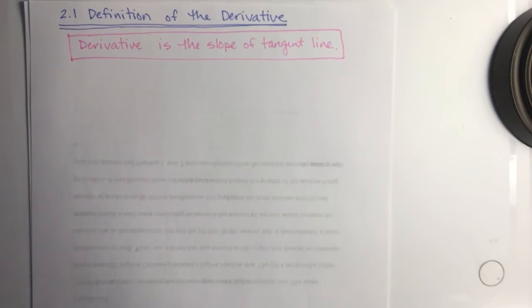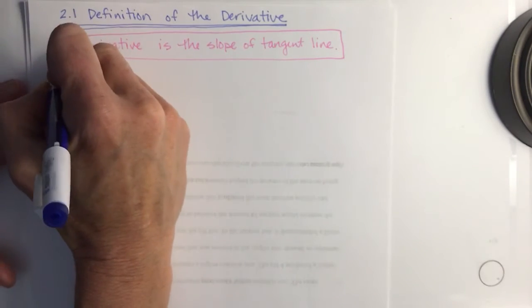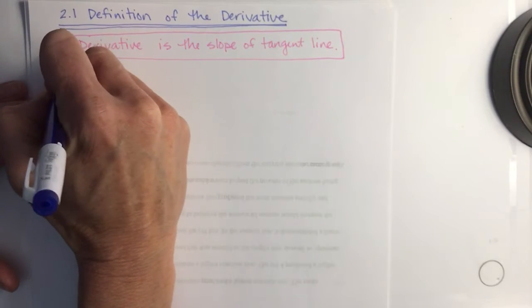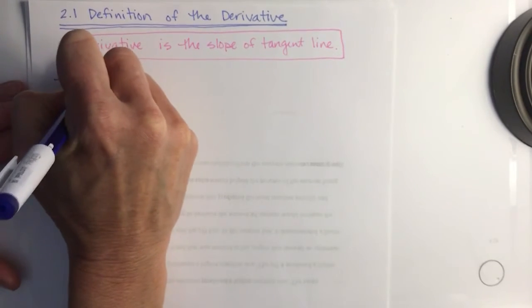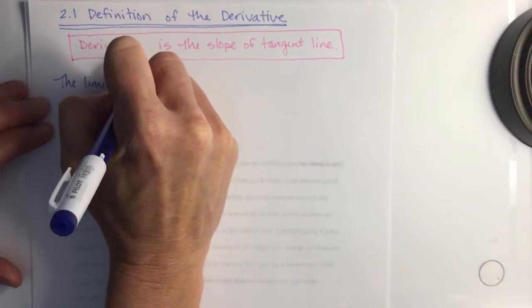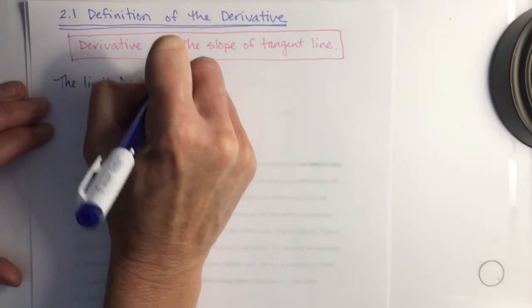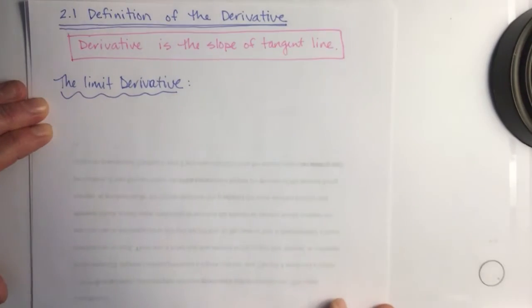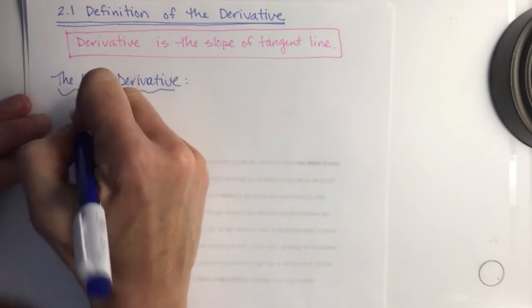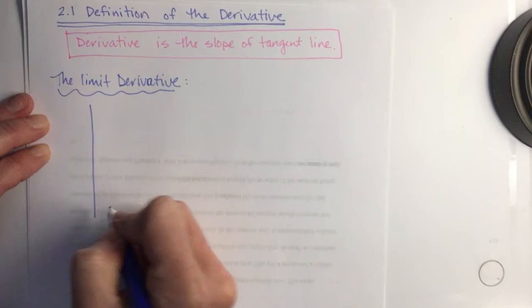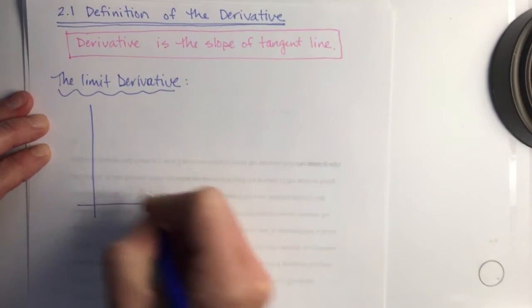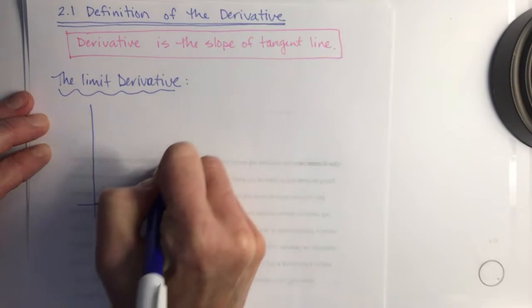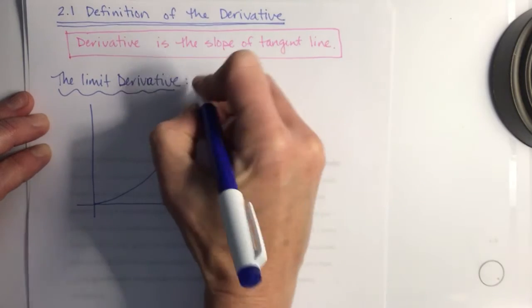So if we talk about the limit derivative or the formal definition of the derivative, this is what we're talking about. And I'm going to do both limits if I can fit it on the video. If not, you'll get another video, right? Okay, so here we go. We've got some function, and let's make it a nice easy one.